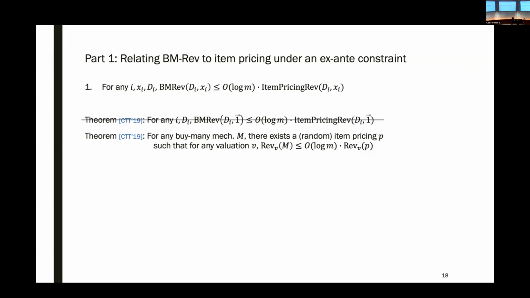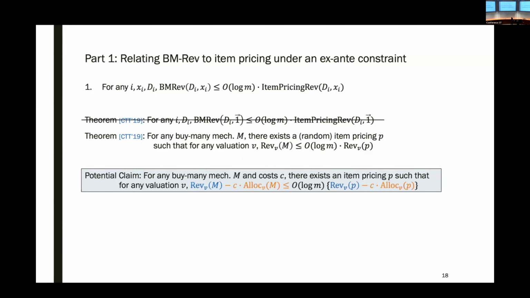That's what the previous work says. The problem with that previous work is that it comes up with this random item pricing, but it has no way of controlling what this pricing is going to allocate. The mechanism might be allocating something, the pricing might allocate something entirely different.